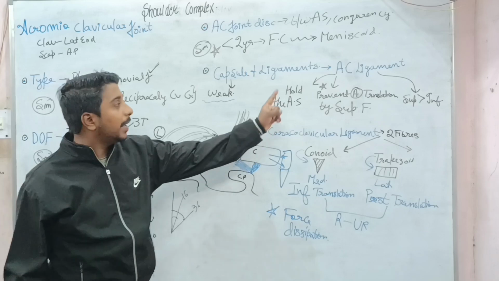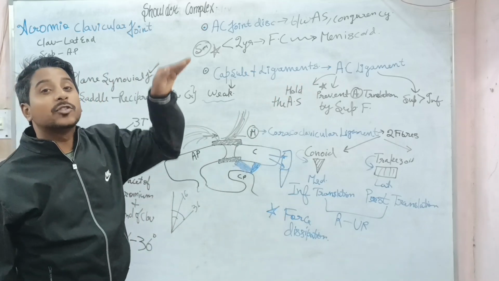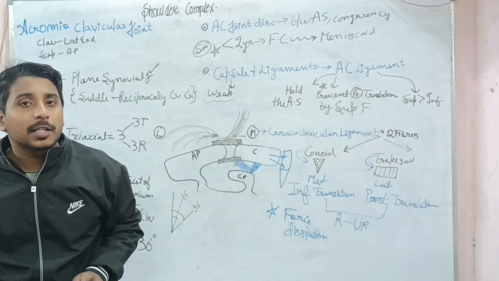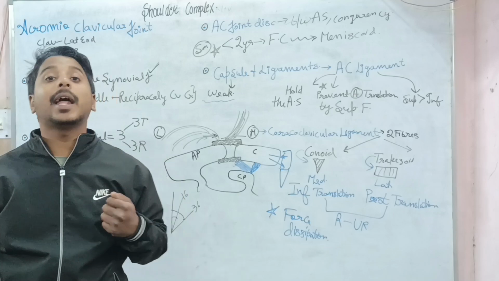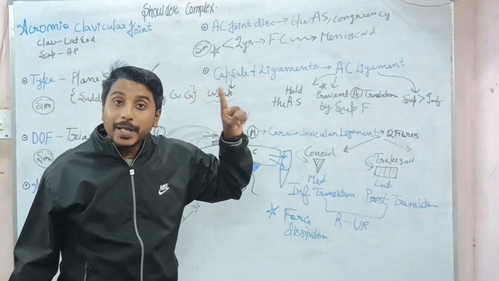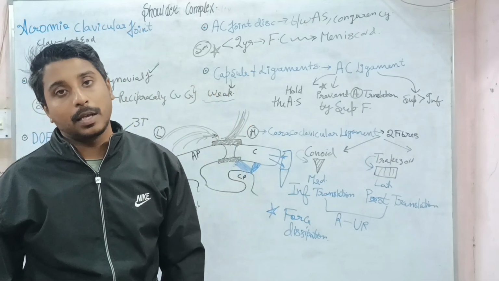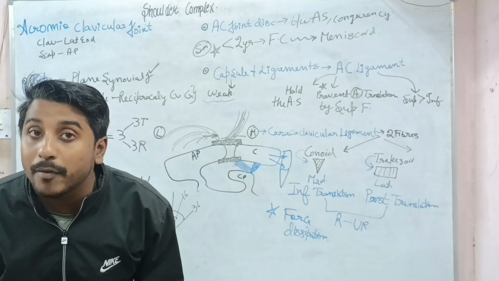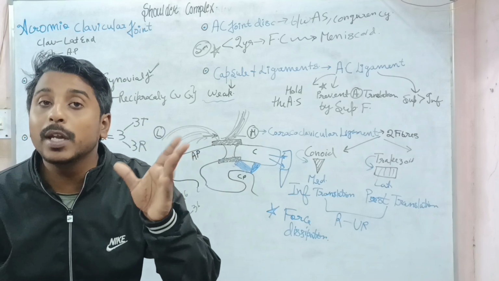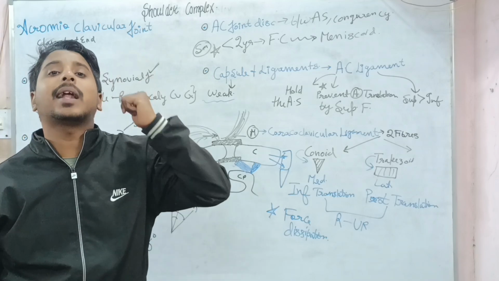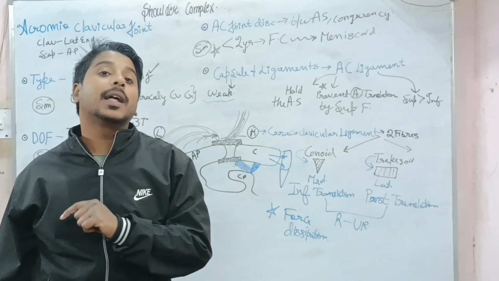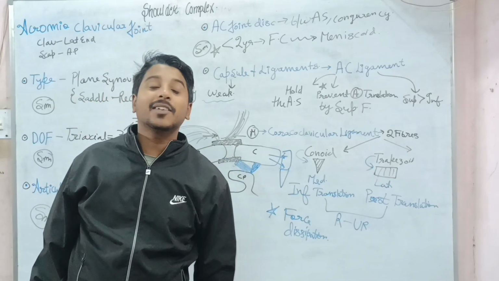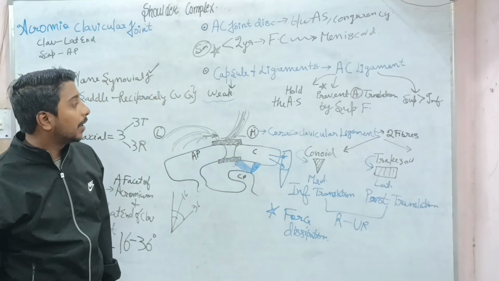What are the two ligaments? Acromioclavicular, they are superior and inferior, and the sternoclavicular was anterior and posterior. This superior and inferior part of the acromioclavicular ligament have no relation with superior and inferior translation, but prevent the anterior translation caused by superior directed force.